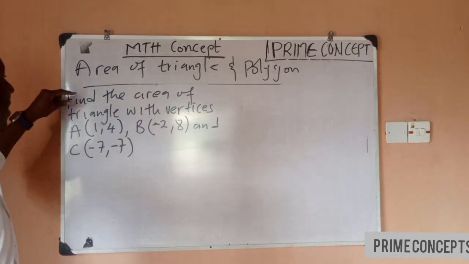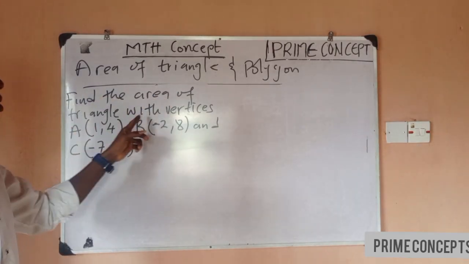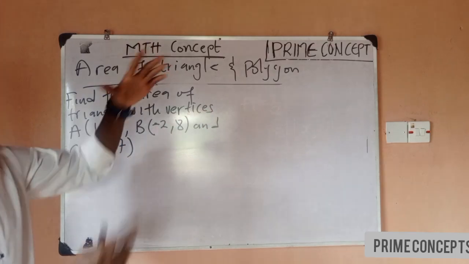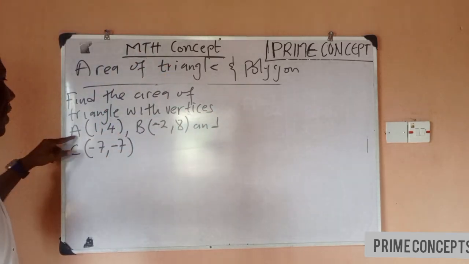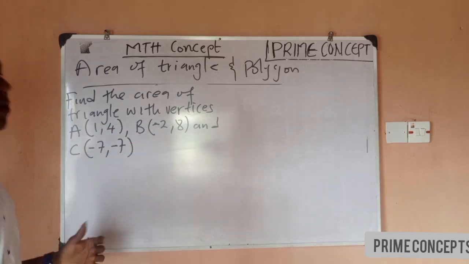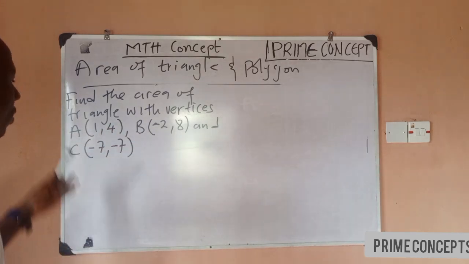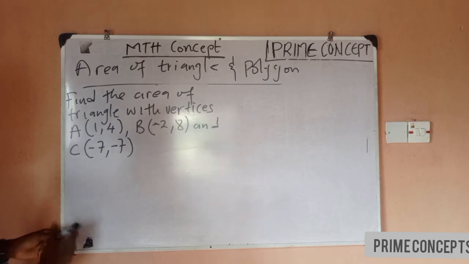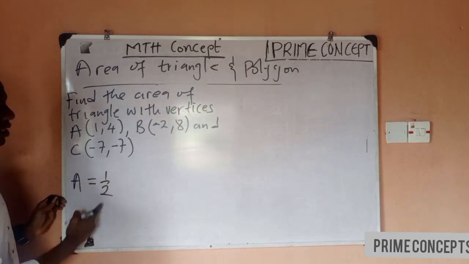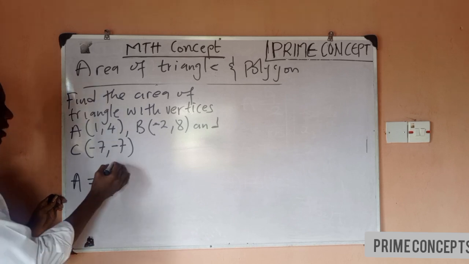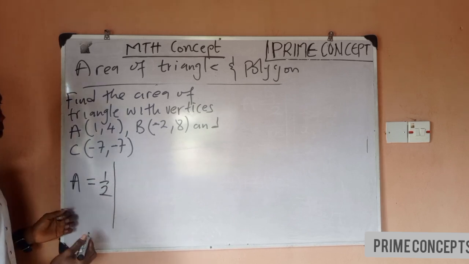The question says, find the area of the triangle with vertices. Vertices simply means the ends of a triangle. Vertices A, B, and C, right? So we're going to use the matrix form to quickly solve this. Our area is going to be half outside. Don't forget this half into the absolute value, which we know now.